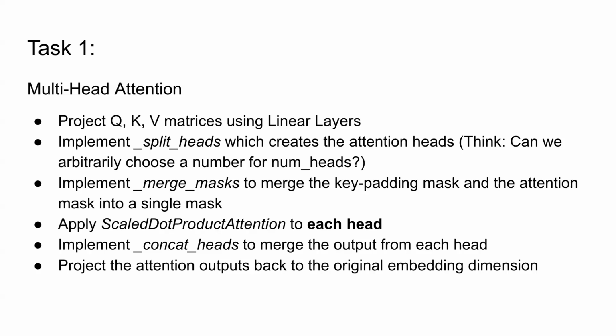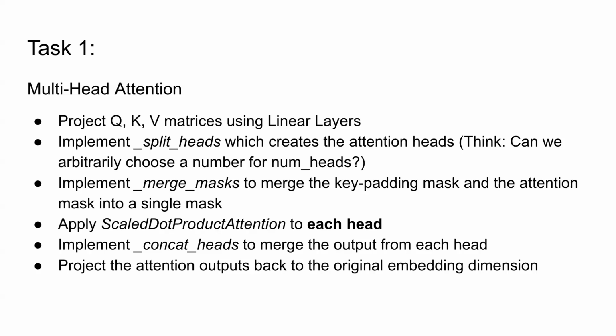We need to merge both masks, and you will be doing that in the merge mask function. The masks are usually two-dimensional, but as you can see, attentions have 4 dimensions. So when implementing merge masks, you need to add a few dimensions and then broadcast them to the batch dimensions. Just keep this in mind.